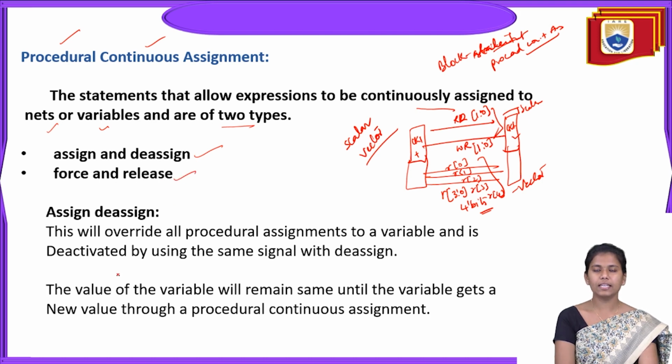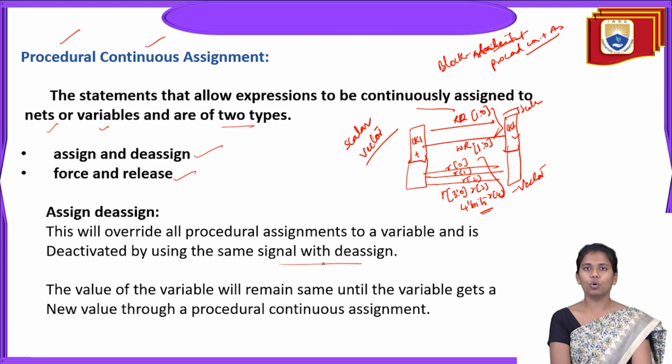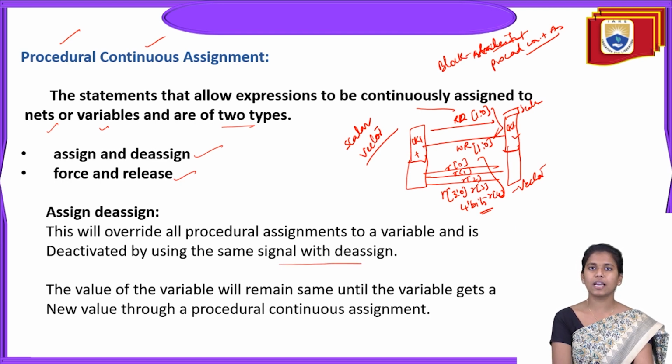So what is assign and deassign? This will overwrite all procedural assignments to a variable and is deactivated by using the deassign keyword. We can write the syntax using assign and deassign. These two forms override all procedural assignments to a variable.